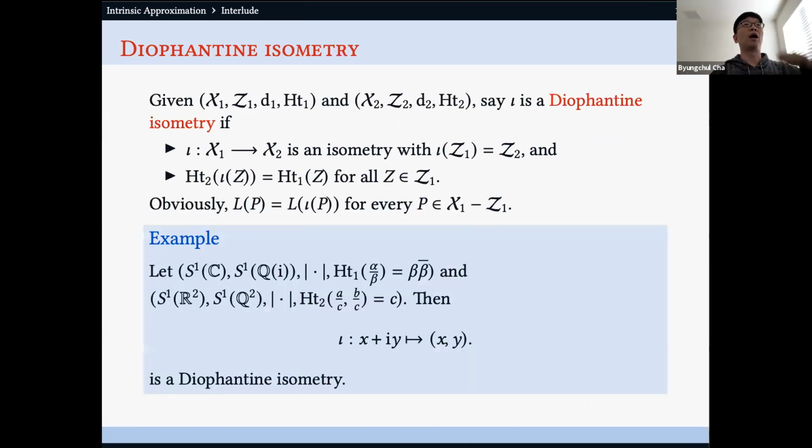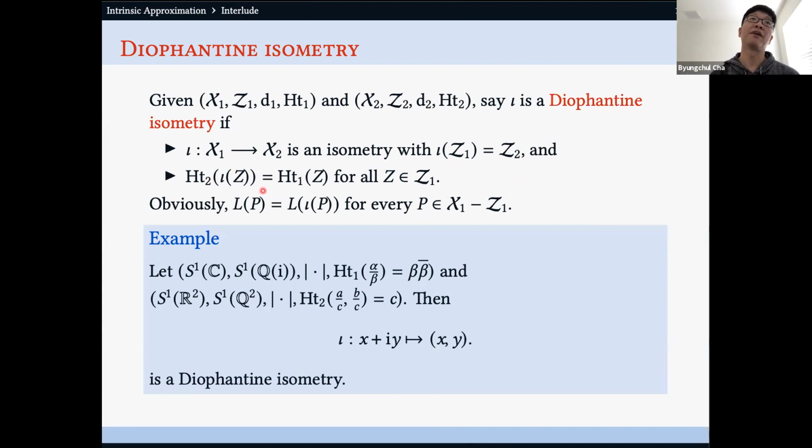Okay, so now before I introduce my next results on the Diophantine approximation of circles, I'm going to give you even more silly definitions here. I'm going to define Diophantine isometry, which is really simple. If you think about it, if you want to do Diophantine approximation, you will want to have an isometry, but not only an isometry, you want to preserve the rational objects in the two Diophantine spaces, but also you want to preserve the height.